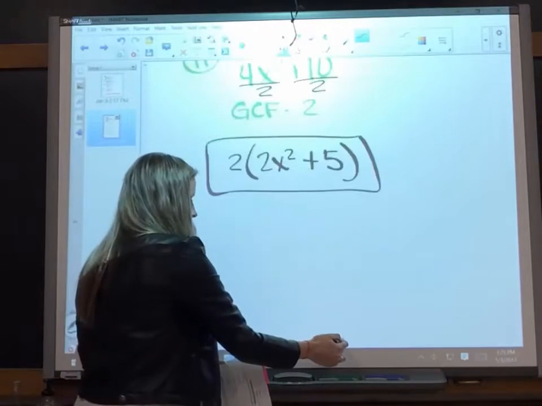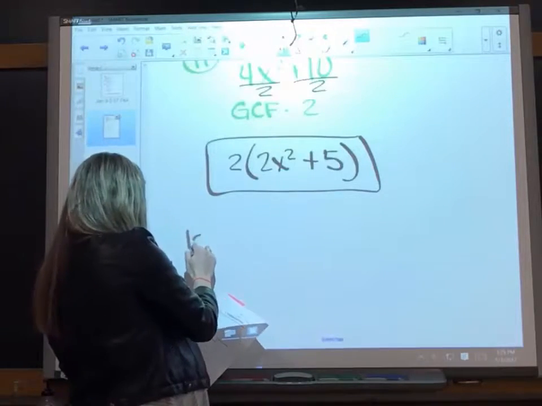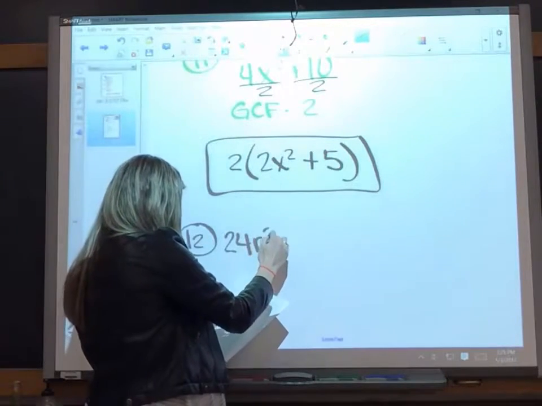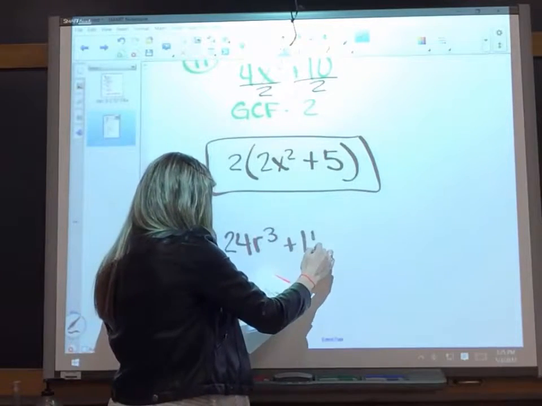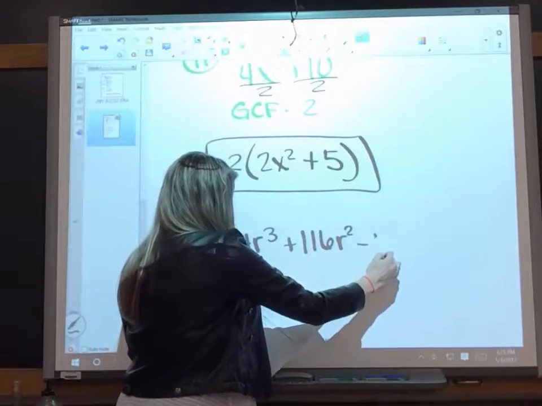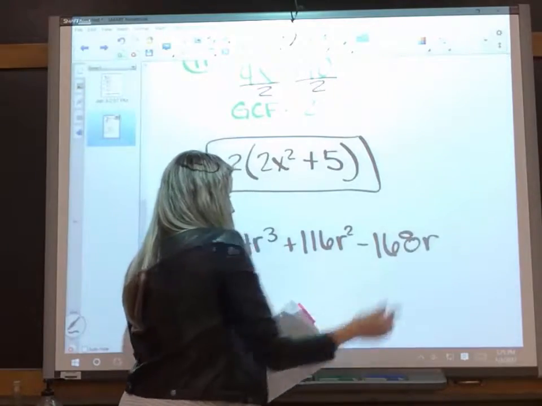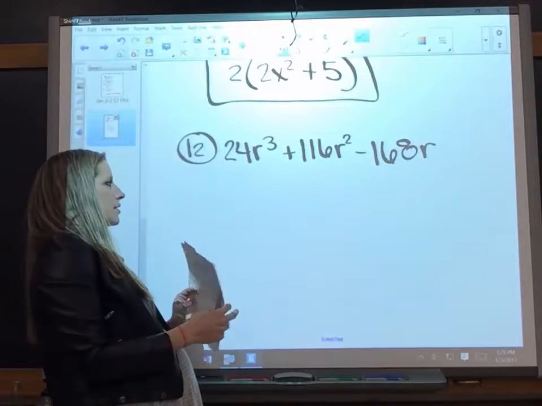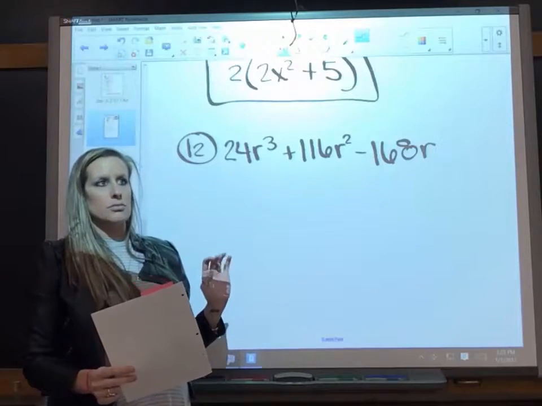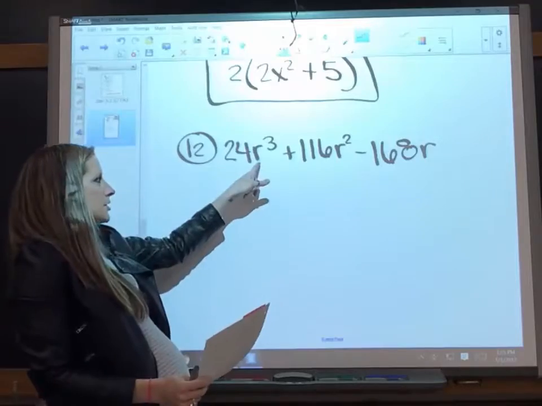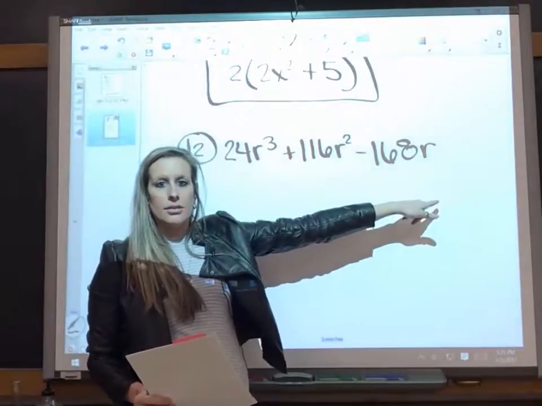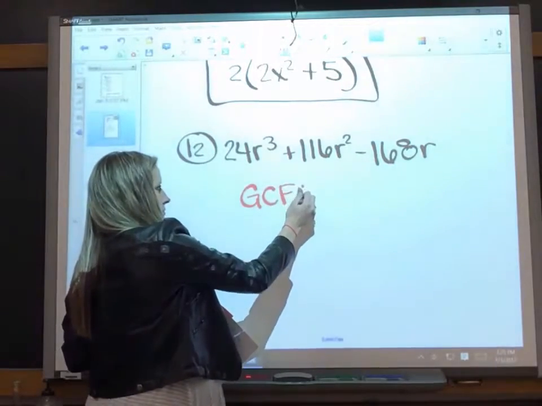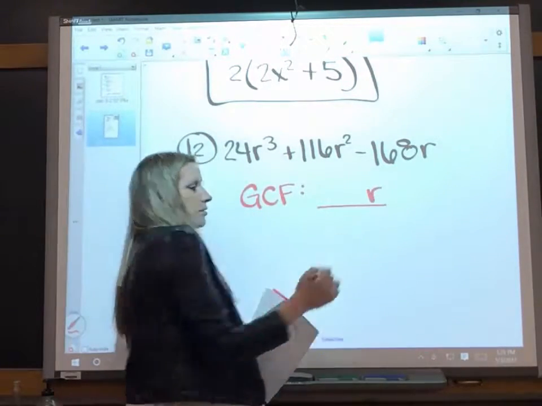All right, very last one. Let's see, 24r cubed plus 116r squared minus 168r. Sometimes, like this problem, not only could they have a number in common, but do you see how all three have an r? So for my greatest common factor, I'm going to take out an r.